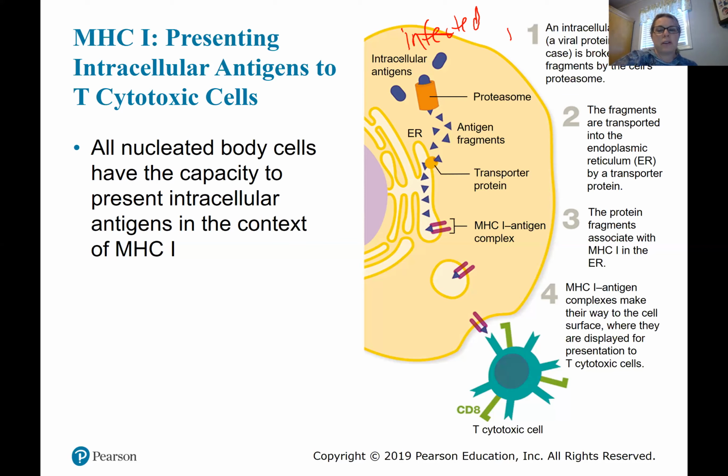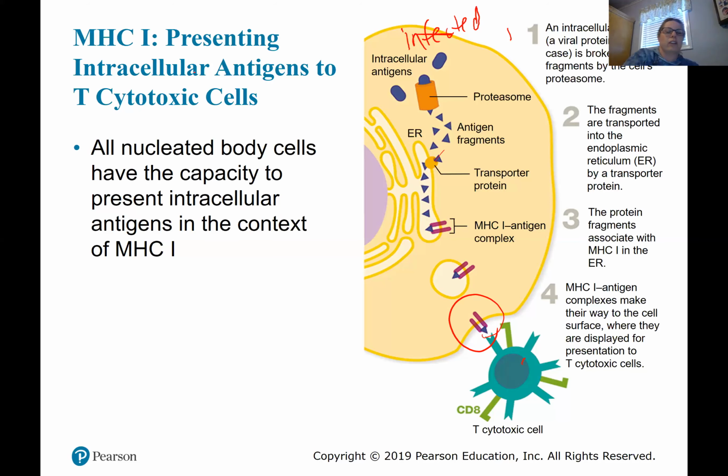So if this cell is infected by, say, influenza, that cell will then send out a red flag, and could also present the epitope on the antigen. And the T cell will come and identify that.